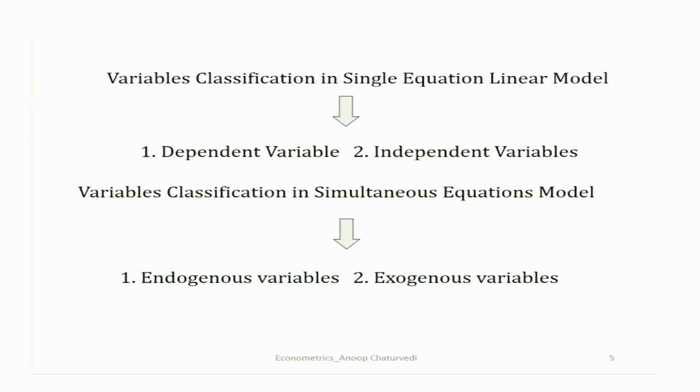Now, here is the variables classification. In a single equation linear model, you classify the variables as dependent variable and independent variables, and these are the independent variables which are determining the dependent variable. In simultaneous equations model, the variables classification is like this: endogenous variables and exogenous variables.